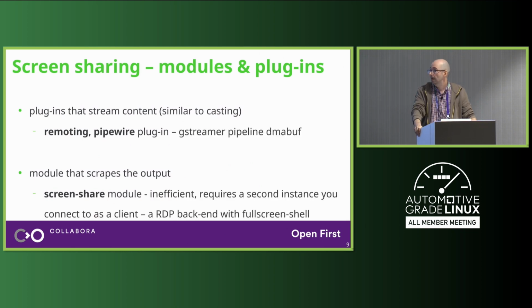The plugins themselves, like the remoting plugin, make use of the GStreamer pipeline to actually create some DMA-BUFs and pass that to the compositor. The PipeWire plugin uses the PipeWire API. And the screen share module requires creating a different compositor instance with a different backend and a different shell entirely.